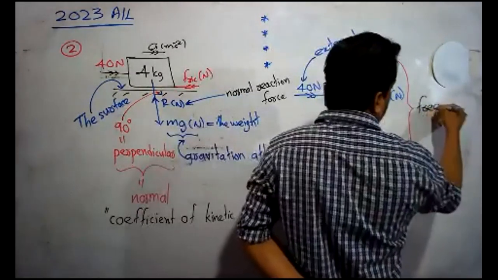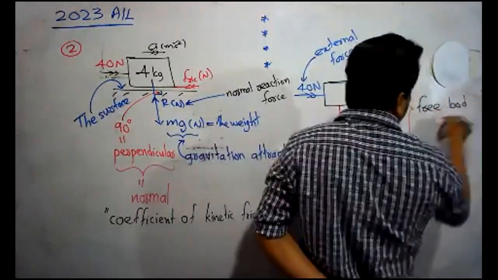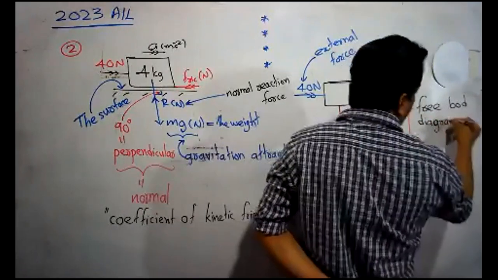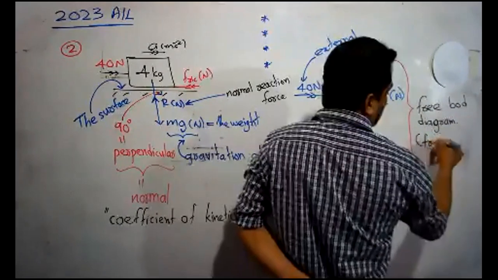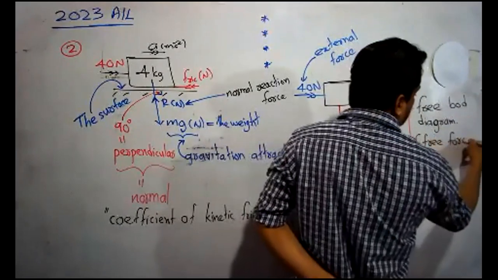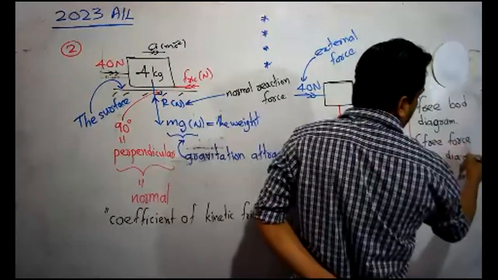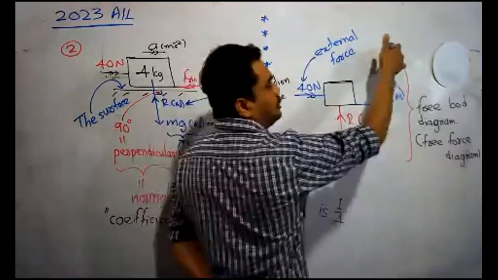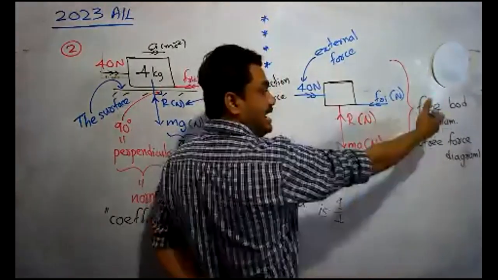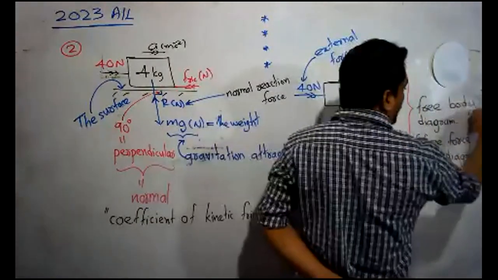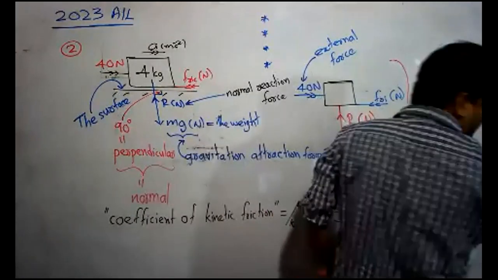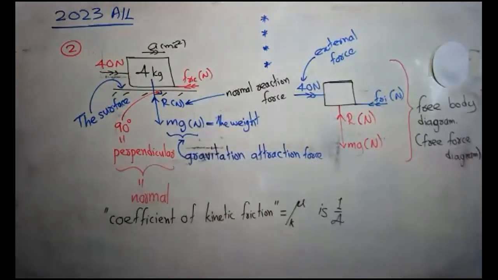This is called a free body diagram, or free force diagram. You can use any of these terms. Draw this figure and use a curly bracket and name it as free body diagram or free force diagram. Do it. Draw it, dear.